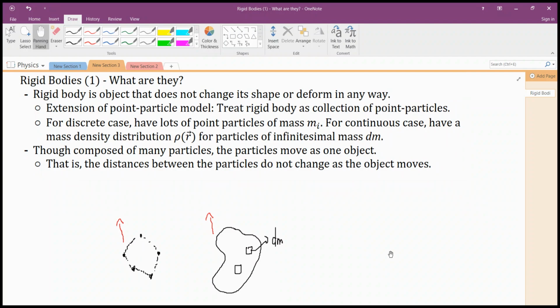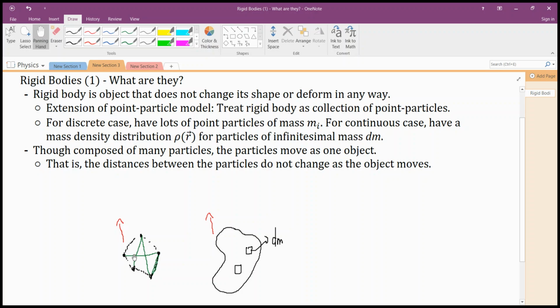Mathematically, what that means is that the distance between the particles of the object do not change as the object moves. So, for example, in the discrete case, I've drawn some green lines between some of these particles, not all of them. I could draw these lines for all the particles. And the key idea is that the distance between particles does not change as the object moves.